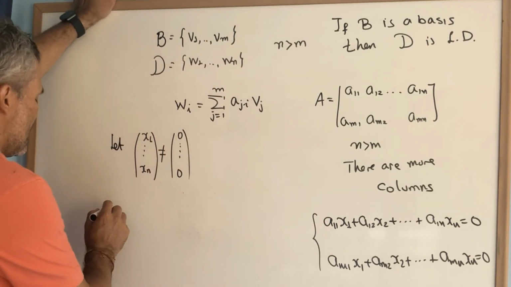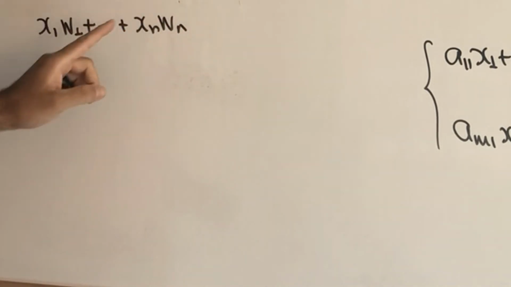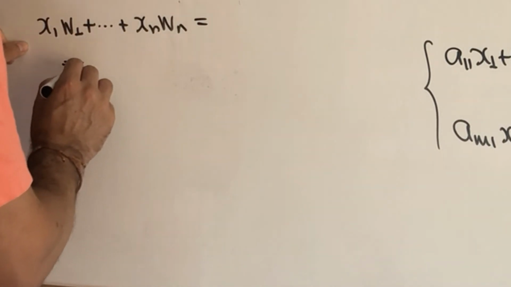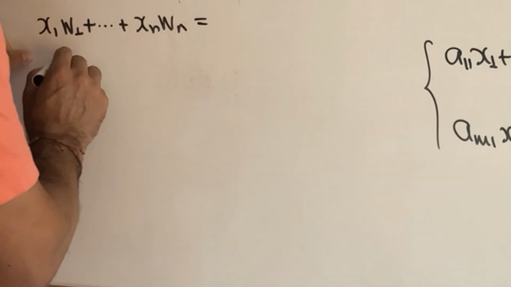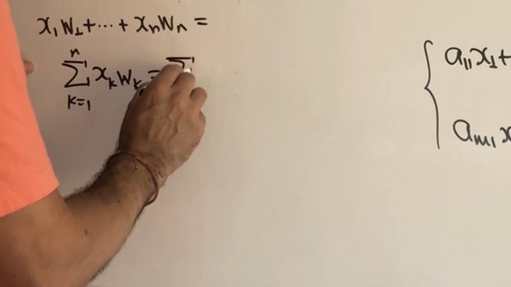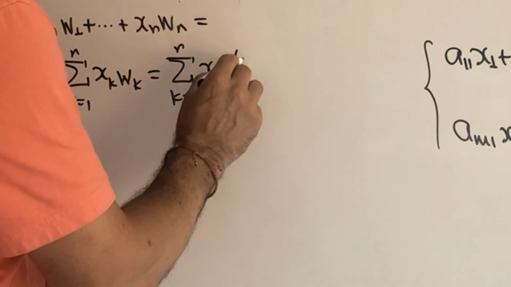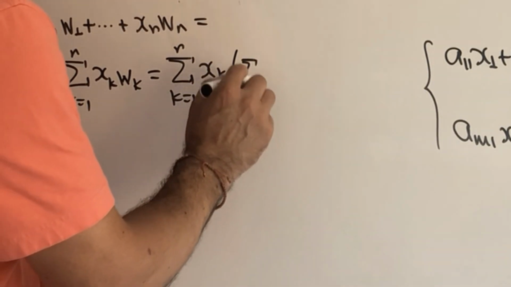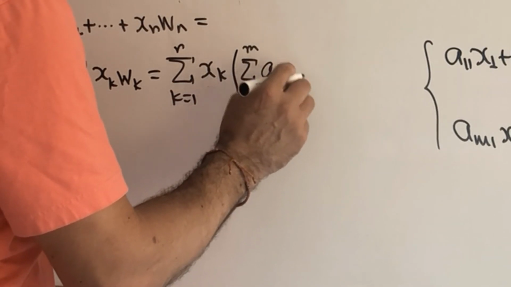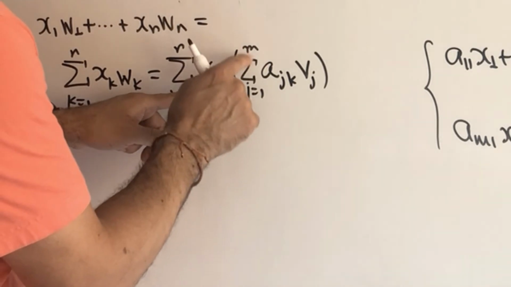And then we will show that this linear combination x1 w1 plus up to xn wn, which is a non-trivial linear combination because this vector is different from 0, is equal to, let me write it as a sum, the sum from k equal 1 to n of x sub k w sub k, and this is just the sum from k equal 1 until n of x sub k times the sum from j equal 1 until m of a jk v sub j.